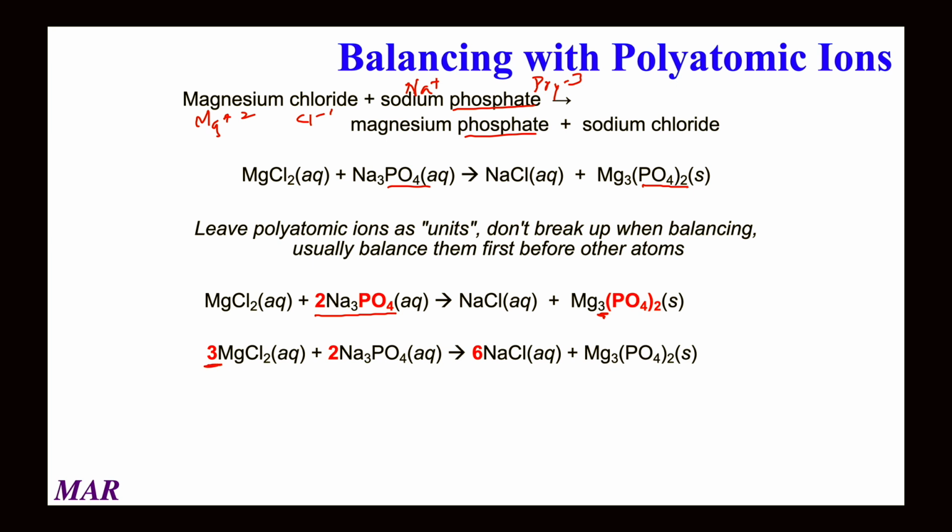So the other thing we're going to do is put a 3 right there. That'll make the magnesiums balanced. But now you can see you've got 3 times 2, 6 Cl's, and 2 times 3, 6 Na's. We're going to have to put a 6 in front of the NaCl to make that happen.